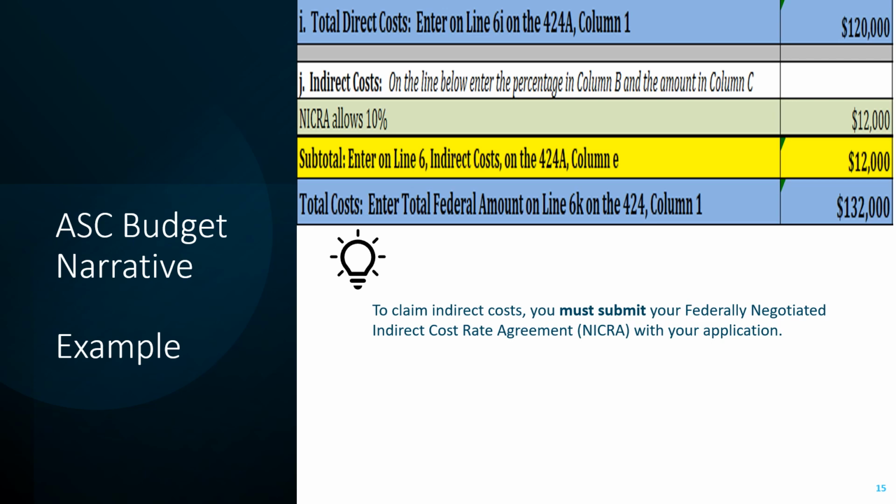So in this example, if your total direct cost for year one is 120,000, 10% of that is 12,000 that you can claim for indirect costs for year one. And so your total will then be for year one 132,000, which is the 120 plus the 12,000 to give you 132,000 for year one.